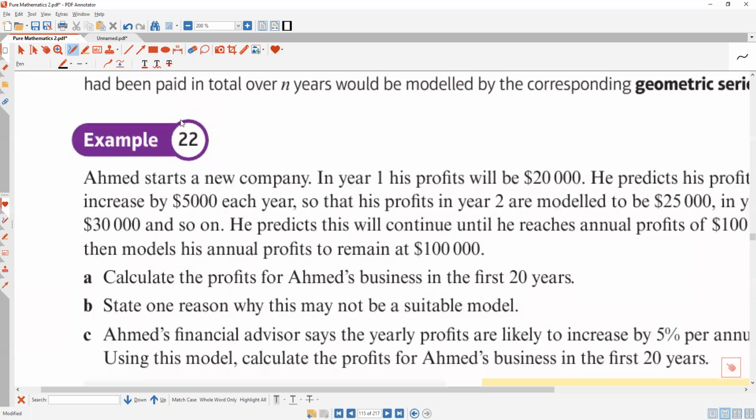Okay, let's start. Ahmed starts a new company. In year 1 his profit is 20,000.